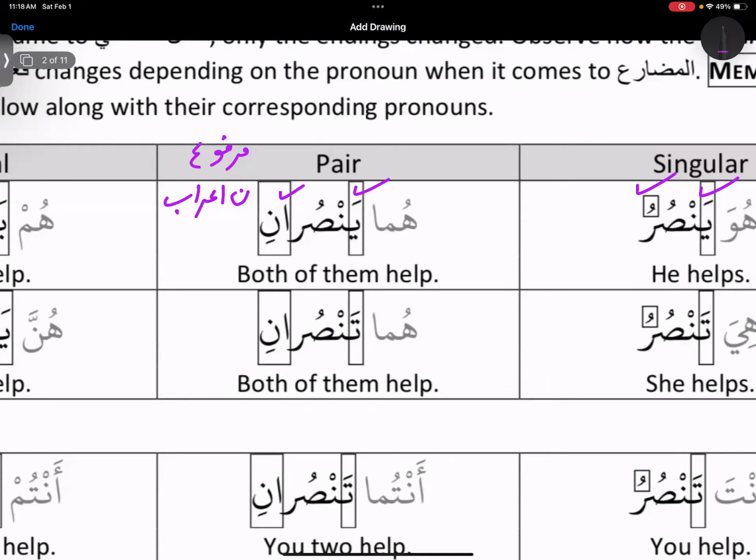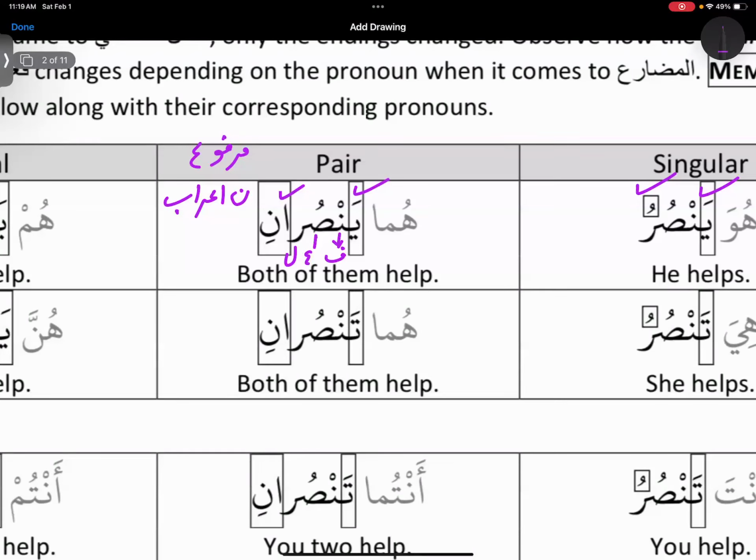So ya is the sign of mudari. Noon is my fa kalima. Saad is my ain kalima. Ra is my lam kalima. Alif is alif musanna, telling me that this is a pair. And noon is telling me that it is marfu. So this is noon of i'rab. You should know each letter in there.